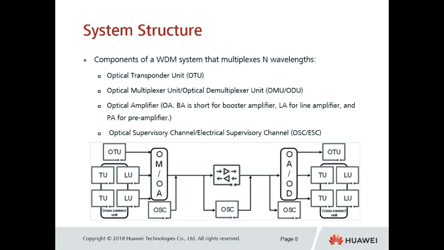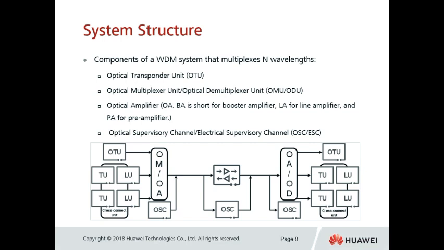You can see in our WDM structure, before our service signal is amplified, we drop the OSC channel into the OSC board. And after the service is amplified by the optical amplifier, we use an optical multiplexer to add a new OSC channel into the service signals and transmit them to the destination station.